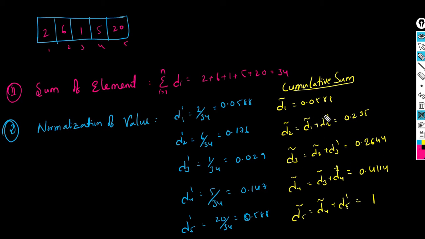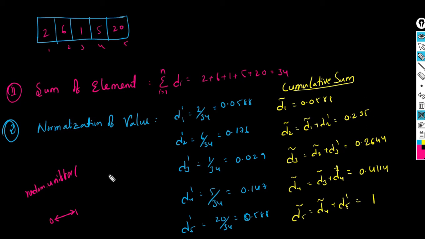Now, if you take a random uniform, we already know about the uniform distribution. The value lies between 0 to 1, and the probability of picking any point is the same within this range. And here also the range goes from 0 to 1.